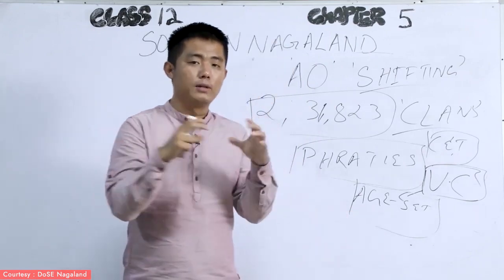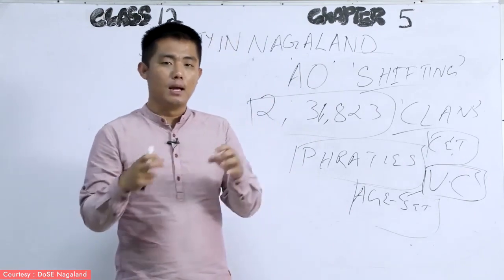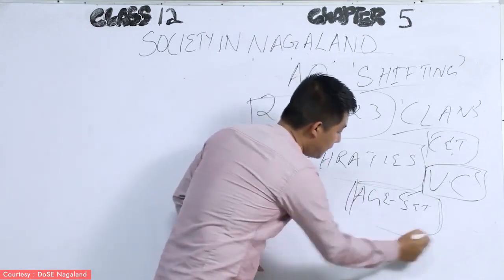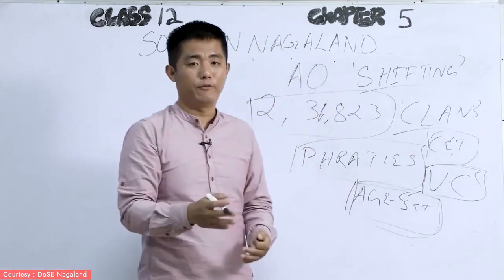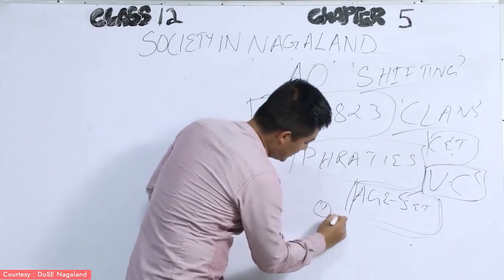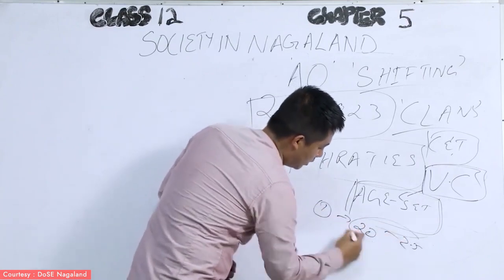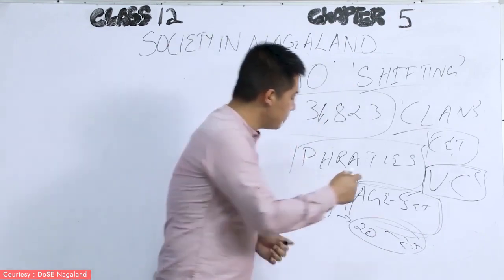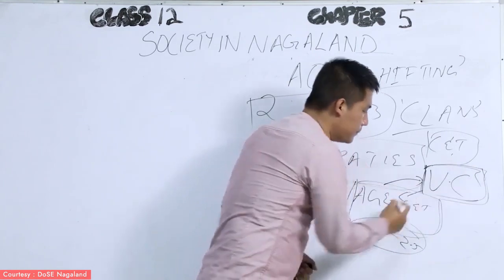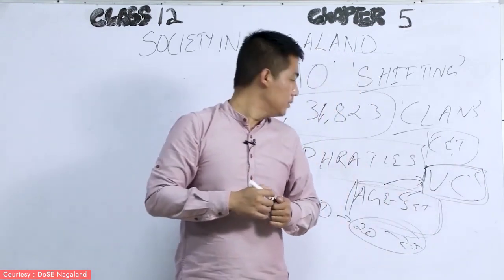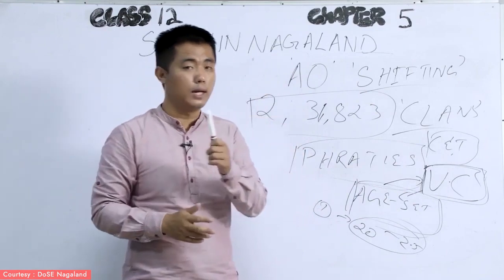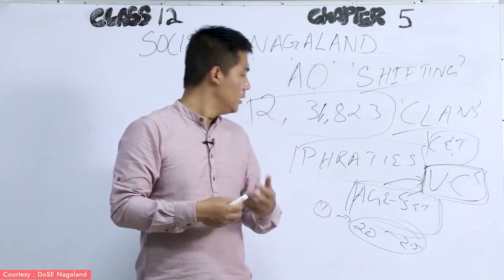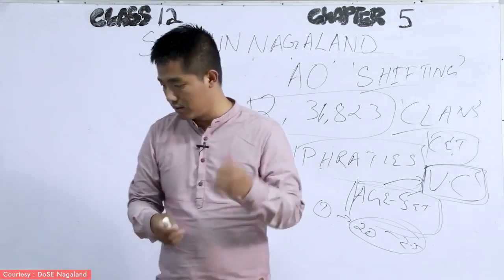So there are different age groups of people, and in that particular age set, their age is almost the same. For example, one age set is around 20 to 25 years old. Depending on this age set, they also select their village council, village chief. That is how the social organization is a little different from the others here among the Aos.